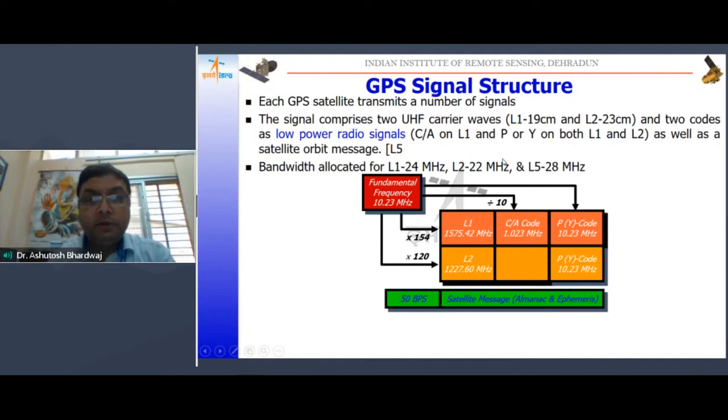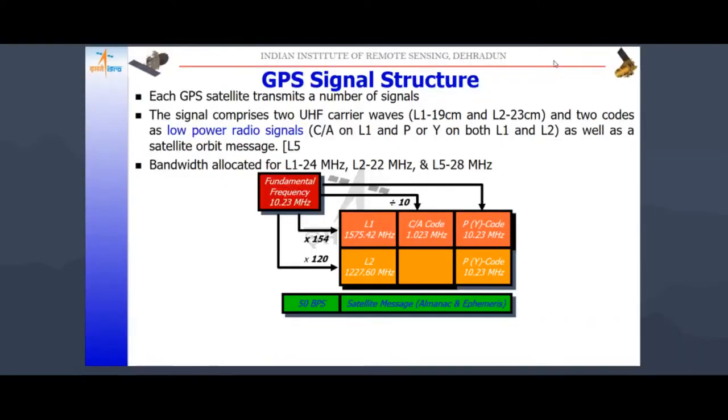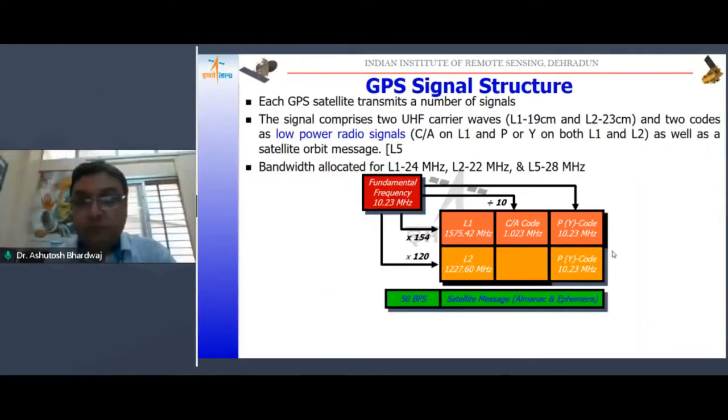Now thereafter, we have the GPS signal structure, how the GPS signal has been designed. Basically, GPS has two carrier waves.